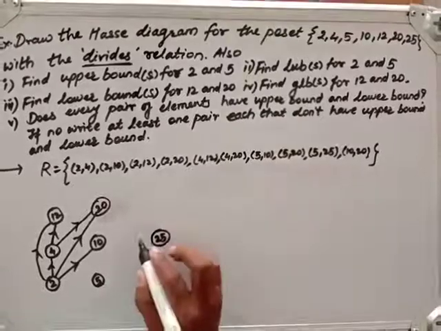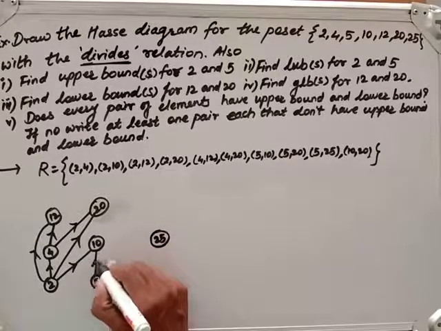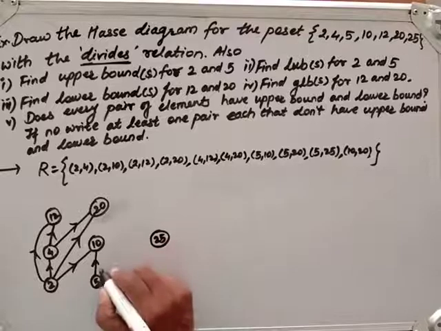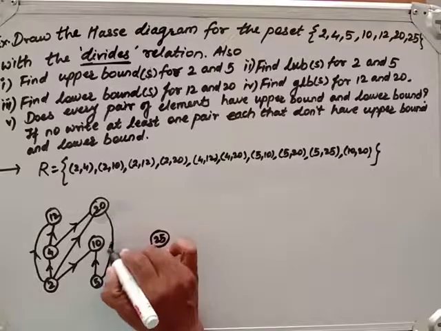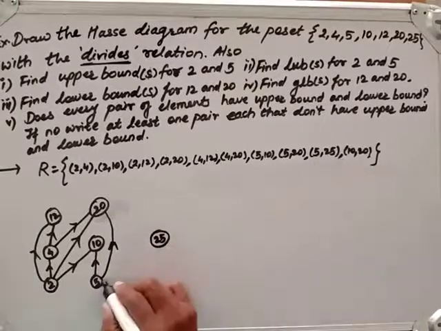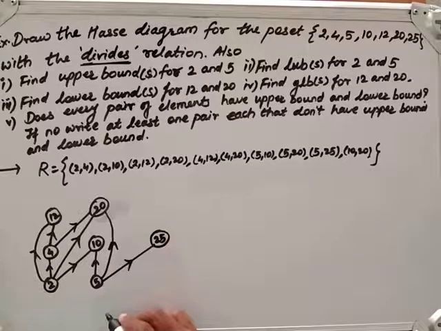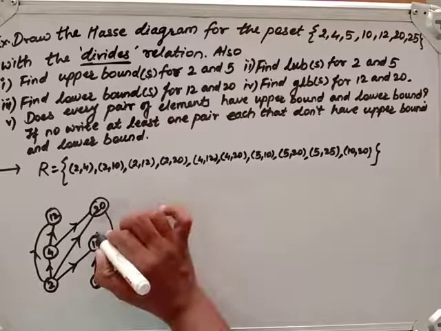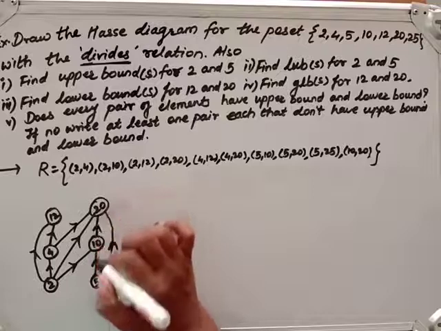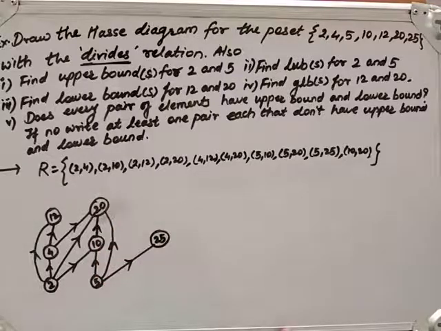Now 5 is related to 10. Now 5 is related to 20 also. Now 5 is related to 25. There is a line between them. Now 10 is related to 20. So this is our diagram here.